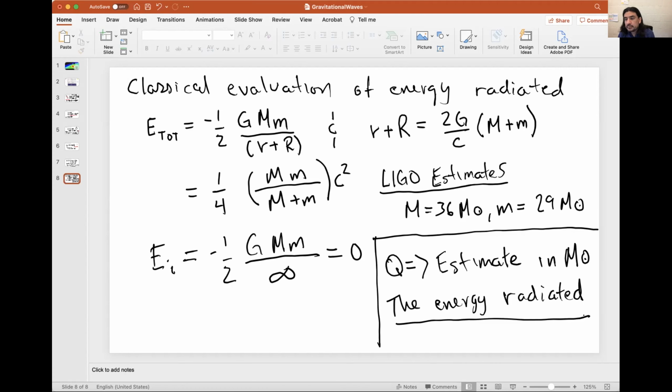Okay. Questions about this? How you would do it? Remember, when you put it in here, then you have to compare it to the value in solar masses.